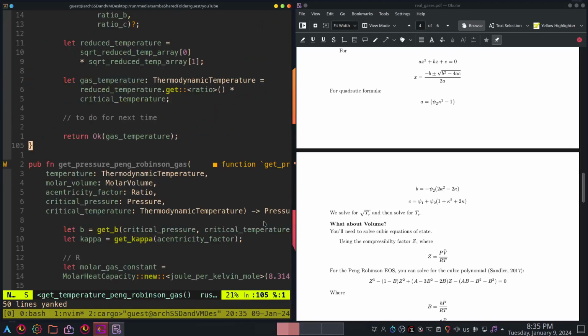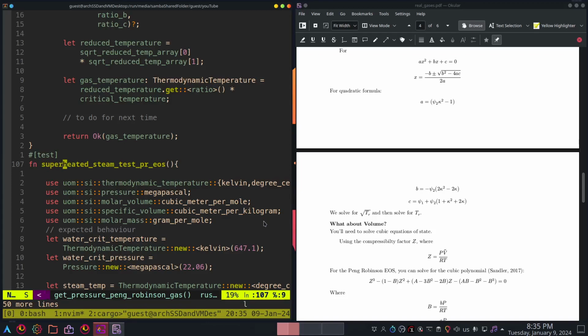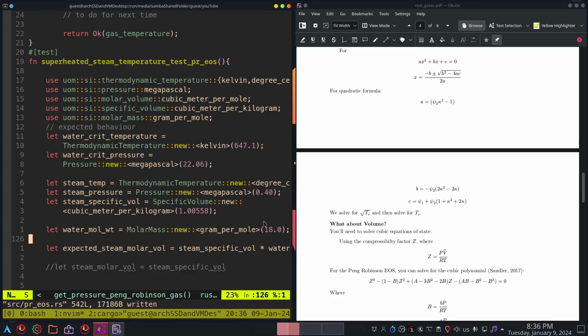Let me put the temperature here. I'll call this the temperature test. Okay, so I have all the same things right here: critical temperature, steam temperature, pressure, and volume.